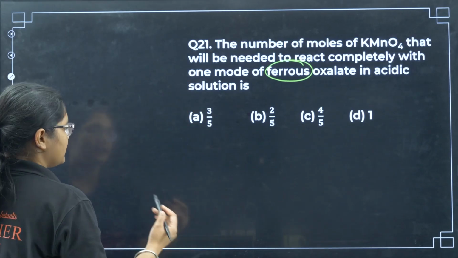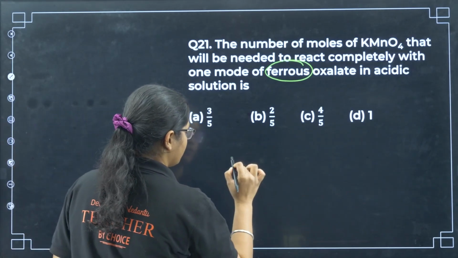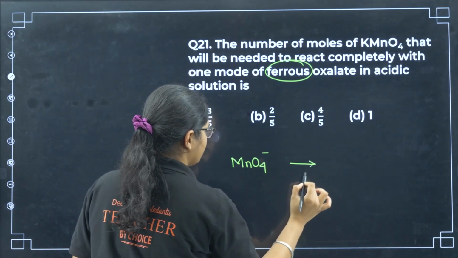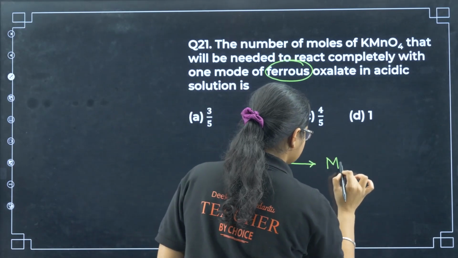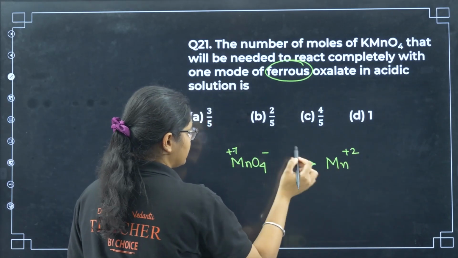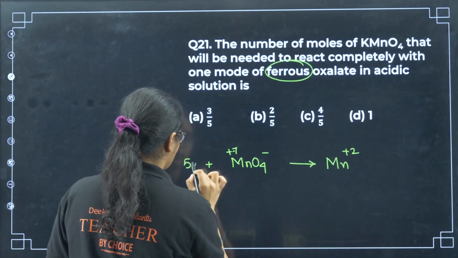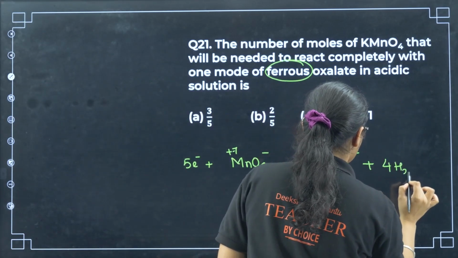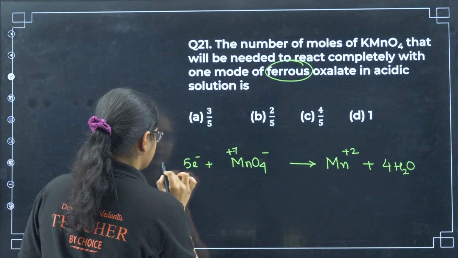If you write down the reaction of KMnO4, MnO4 minus gets converted to Mn2 plus, with 5 electrons, and then I have 4 water and 8 H plus.